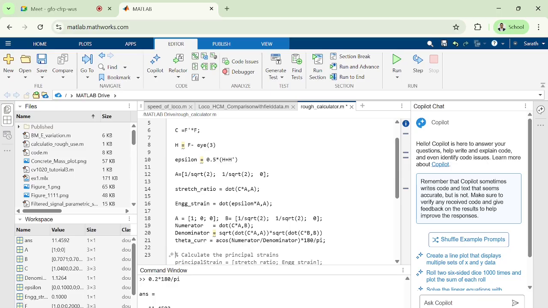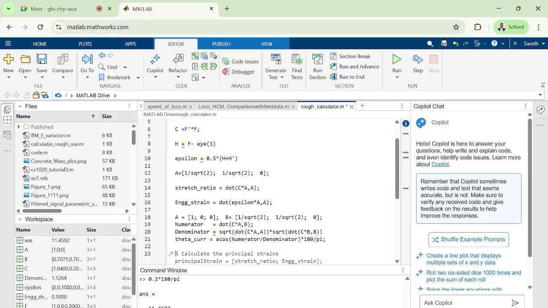So gamma equal to 2 epsilon A dotted with B by sine theta ref. So first of all, we have to find theta ref, and then we have to calculate. So let's find theta ref.